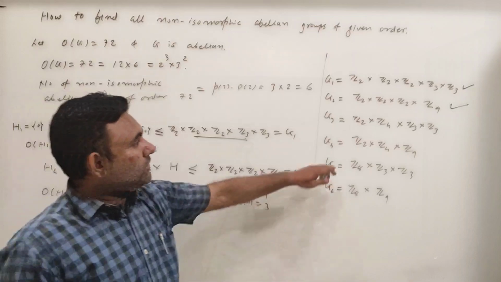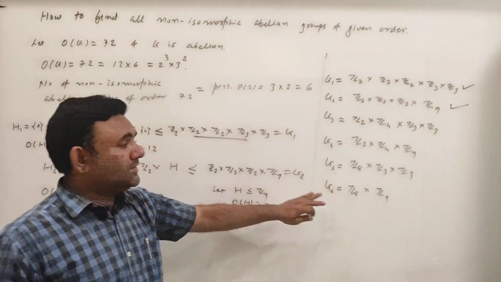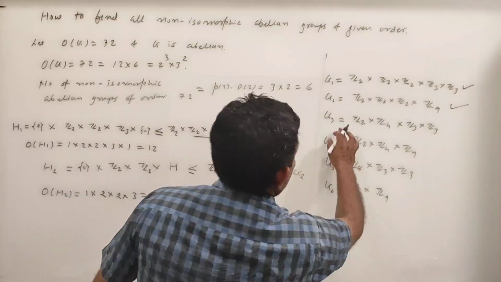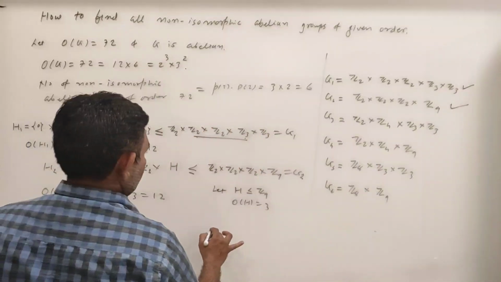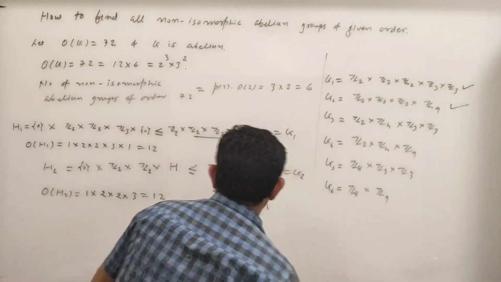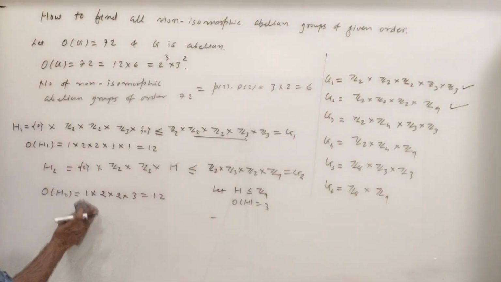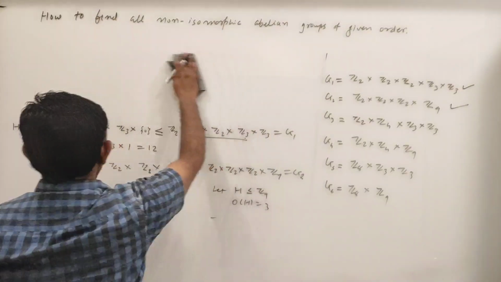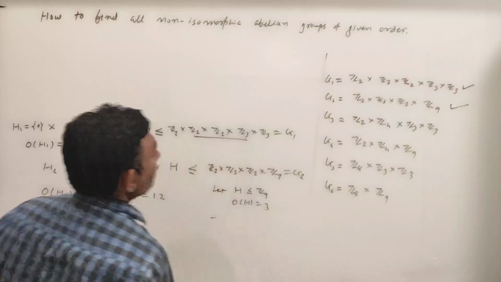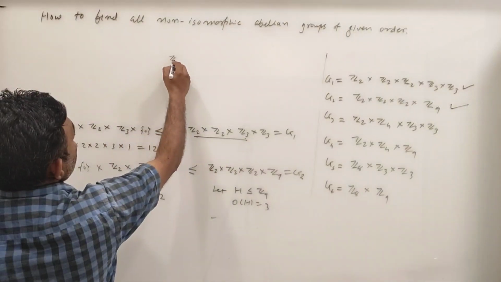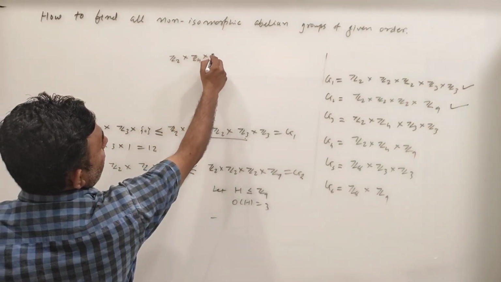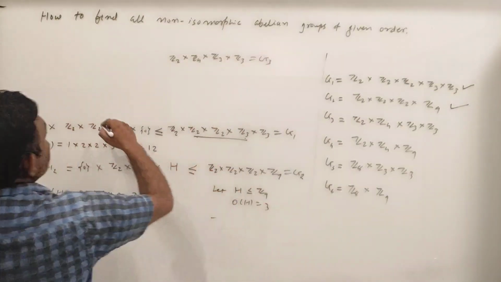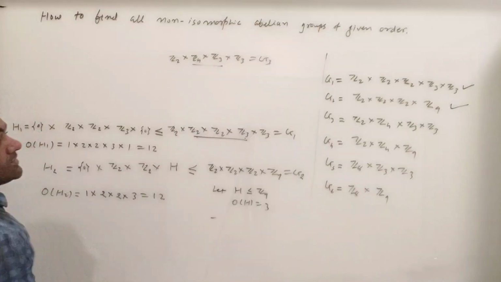So similarly I will show that G3, G4, G5 and G6 have it. So let us quickly do it. So let me go with G3. So let me rough this. Z2 cross Z4 cross Z3 cross Z3. This is your G3. So here what I will do, here 4 into 3 is 12.